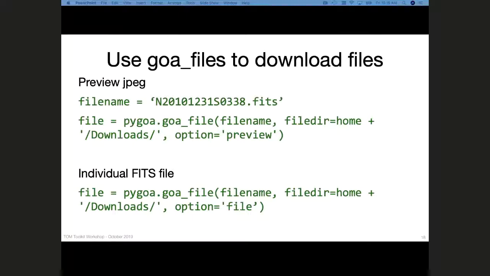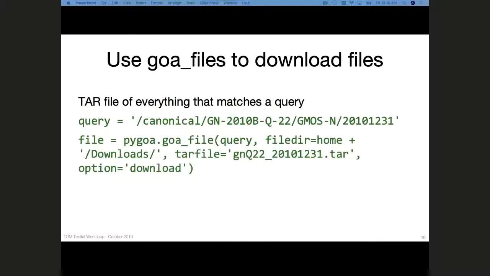And finally, there's the option, just like with the UI, there was that button which you could download the tar file of everything. There's also an API equivalent. So you put in your query, you just go a file and say, give me the download option, and give you a tar file name, and it will download all the information into that tar file.